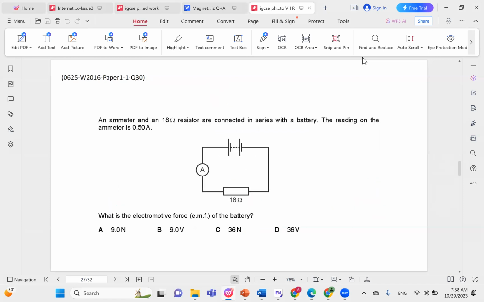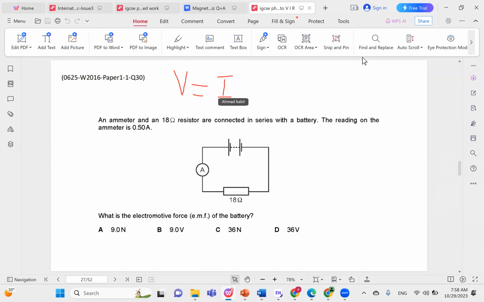An ammeter and an 18 ohm resistor are connected in series with a battery. The reading on the ammeter is 0.5. What is the EMF of the battery? We said before that EMF is another term used to describe voltage, which we use when we want to describe an increase in voltage. So opposite to potential difference, EMF means that the voltage increased, and this happens inside the battery. So how do we get EMF? Again, this is V, so V equals IR.